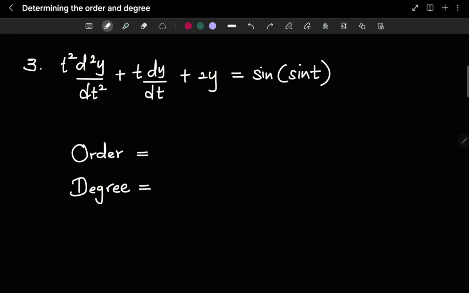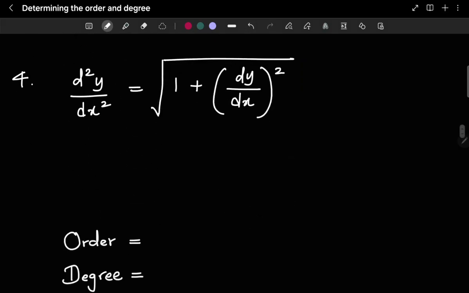So determining the order, here the highest derivative we can find is the second order. So here we have the second derivative, then we can write the order as 2, and when considering the power to which it is raised, it is 1. So the degree of the equation is 1.